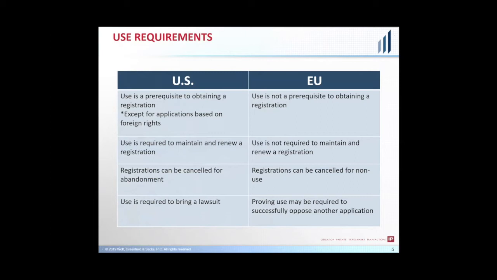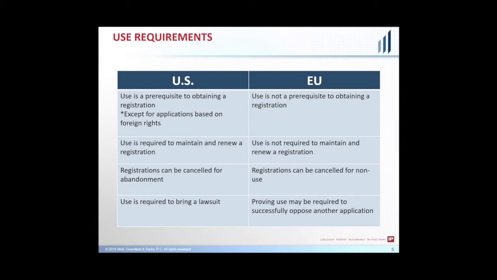One of the main differences between the US and EU systems that I wanted to highlight is how your use of the mark comes into play. And this is important to keep in mind if you're doing business in both jurisdictions. So in the US, use is required to obtain a registration, except for applications that are based on foreign rights.